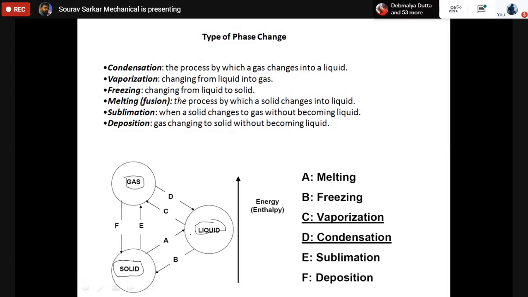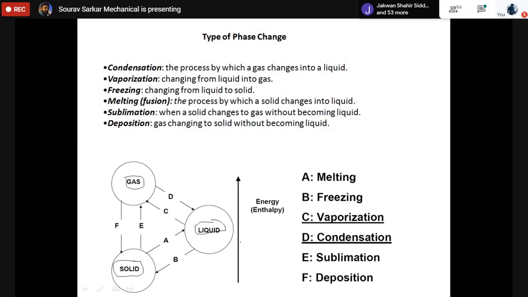Whenever the liquid is converted to vapor, we call this process vaporization. This is known to us, I'm just revising. And when the gas is converted into liquid, it is called condensation.